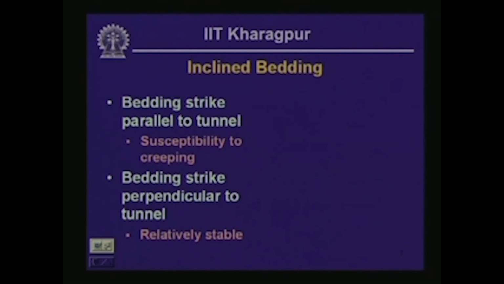The first option is more susceptible to difficulties during the construction and operation of the tunnel, and the second option, in which the strike of the bedding planes are parallel to the tunnel, provides a relatively stable configuration.